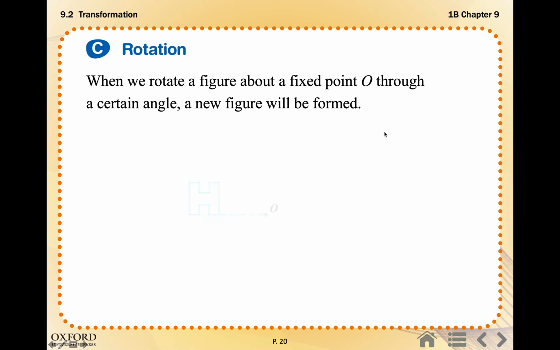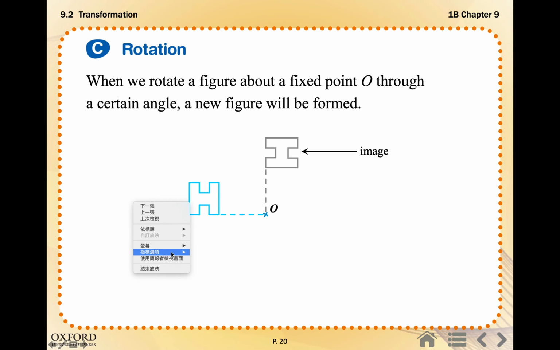And then the new figure can be formed, for example, here, a letter H. If O here is the fixed point, and we rotate the letter H in this direction, of course, you have to mention what the direction of the rotation is. Now you can see that the image is rotated in this direction, and this direction is recorded as the clockwise direction.